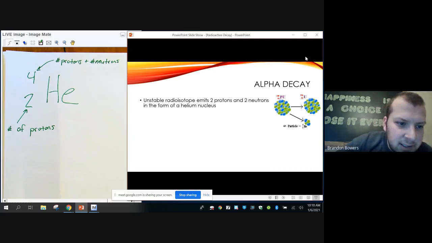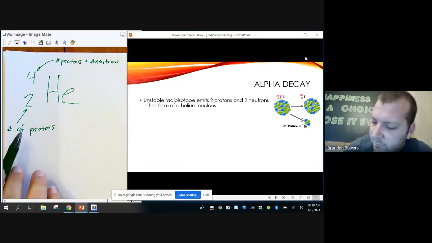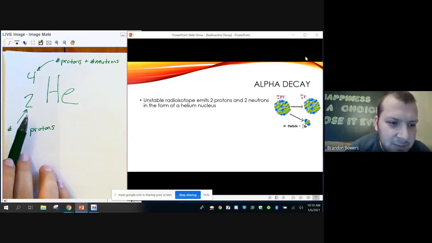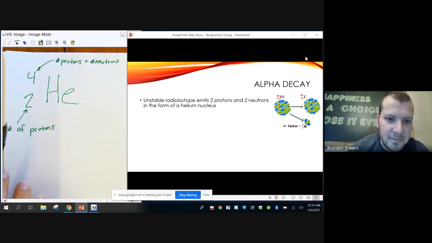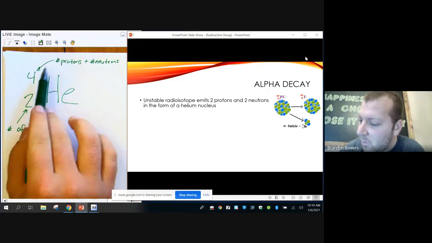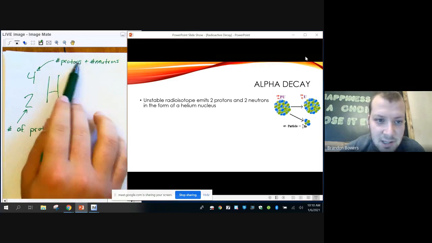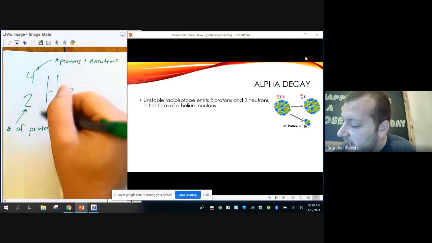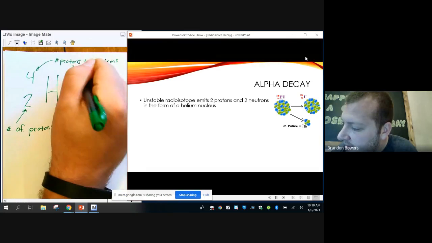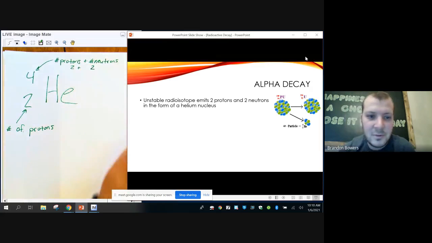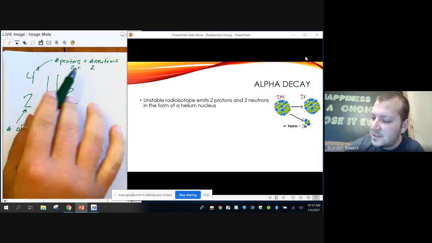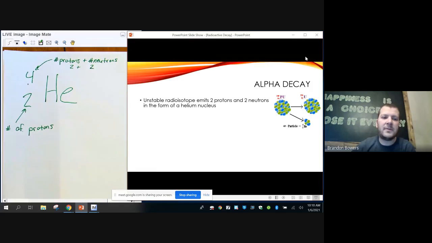So we emit 2 protons and 4 protons and neutrons combined. If we have 2 protons, that means there were 2 neutrons, because 2 plus 2 equals 4. And that's an alpha particle. That's an alpha decay.